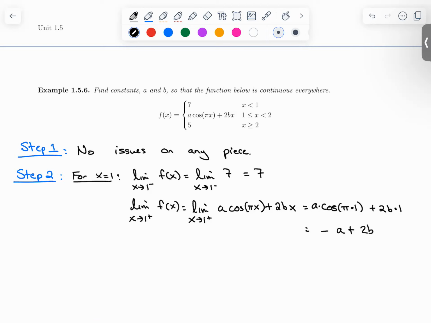Any questions on that so far? So let's take a second to reflect on the problem and see what's going on. Because last problem, we needed to set those two things equal to each other. And that's true here. We need these equal.